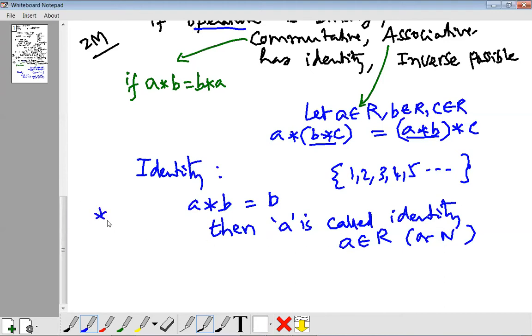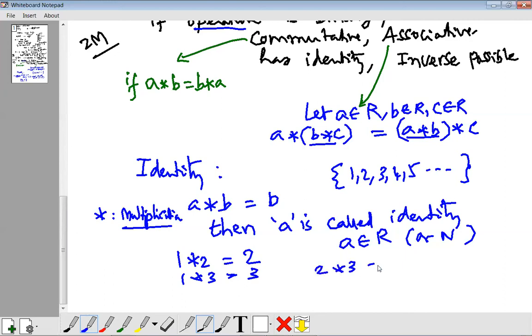And say the star is, for example, multiplication. Then you can pick up, for example, 1 star 2 is 2. You pick up 1 star 3, you get 3. 2 star 3 equals 6. So 2 is definitely not identity. 1 is an identity. So in this case, the operations are important.